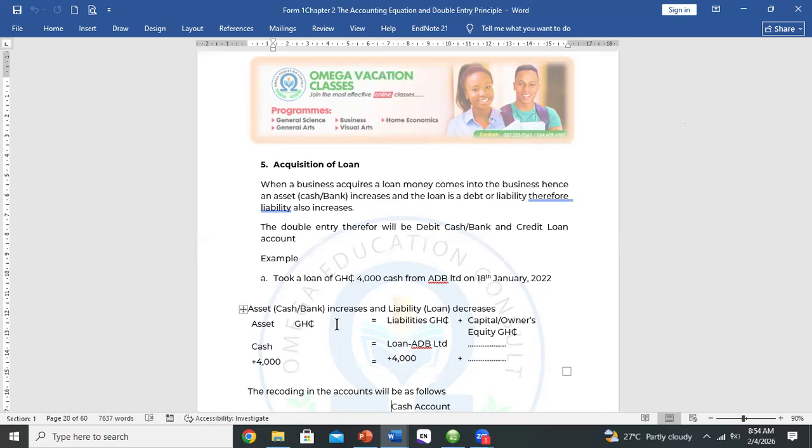So if it's a check, then we refer to bank, right? But we also need to acknowledge that it's a loan, it's a liability because we now owe GCB. So anytime a business acquires a loan, the 2 main accounts or elements are the loan liability and then the asset, which is the cash or the bank.